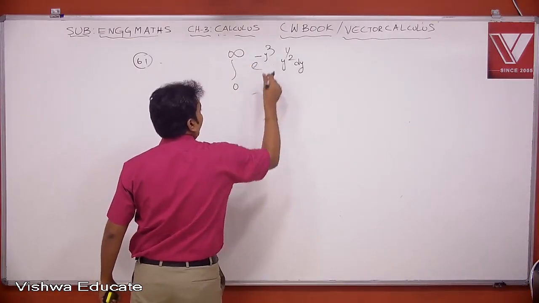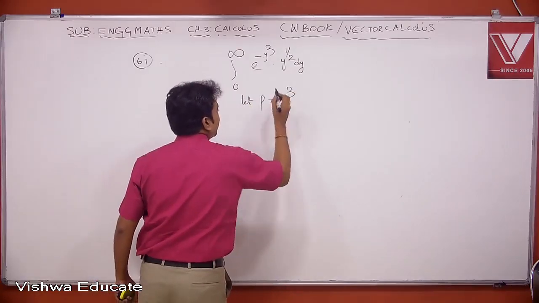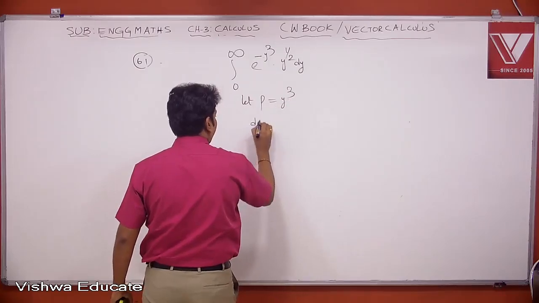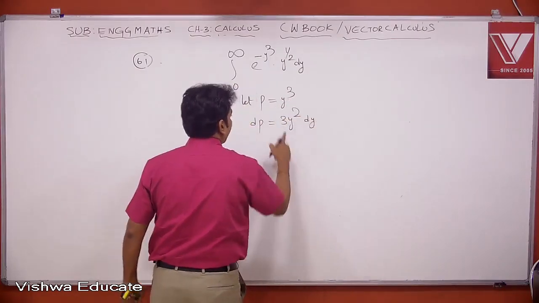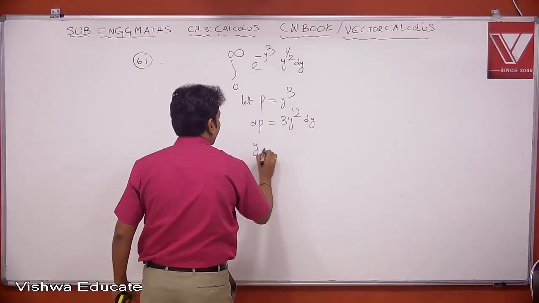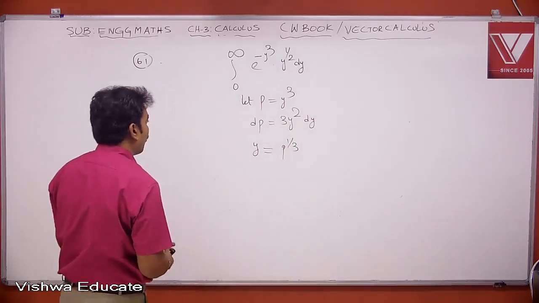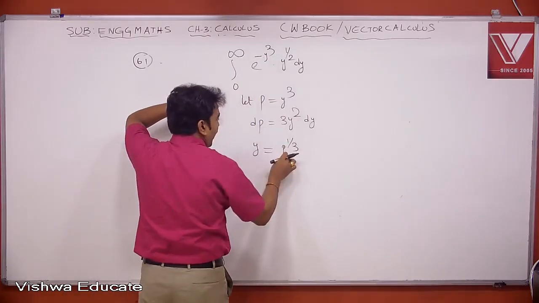So here minus y cube is there. So take p equal to y cube. So therefore when p equal to y cube, what is dp? 3y square into dy. When p equal to y cube, y equal to p power 1 by 3. So even in place of this y, you can write like this.